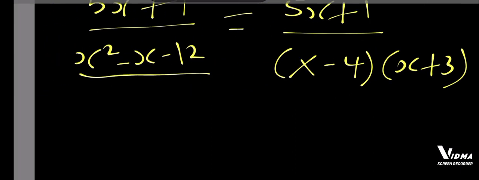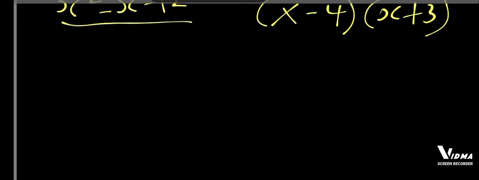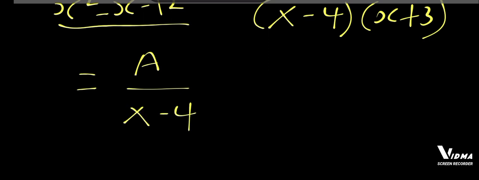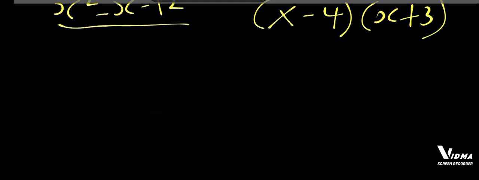After that, I can now equate it to, because they are both linear factors, we just have A over (x minus 4). Let me rewrite the whole thing again so that we can see it clearer.